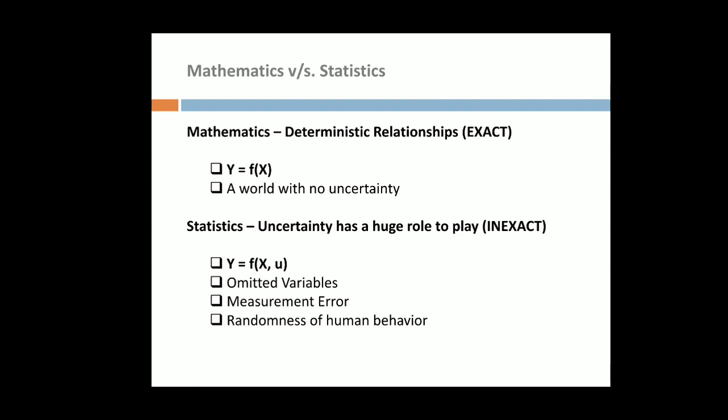So there could be a lot of factors which could lead to measurement error, and these errors could lead to deviations of the value of y that we predict from what it is in actual. And the most important aspect that the term U tries to capture is the inherent randomness in human behavior.